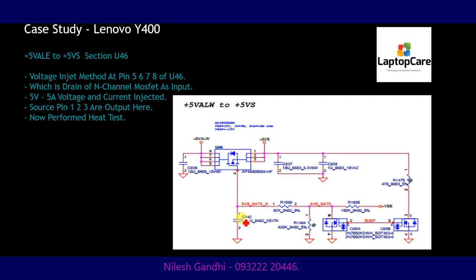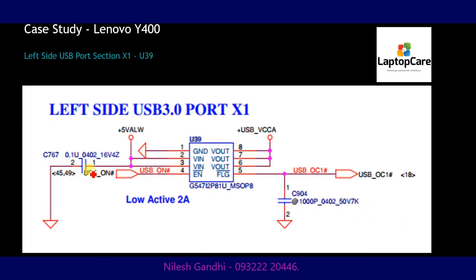Then we decided to test various points where this voltage can go, that is, where 5 volt always can go. As we have seen in the PDF, there were so many sections, so by touching around we accidentally went to the USB section, and we found that on the left side USB 3.0 port of the board, its IC U39 was heating abnormally.